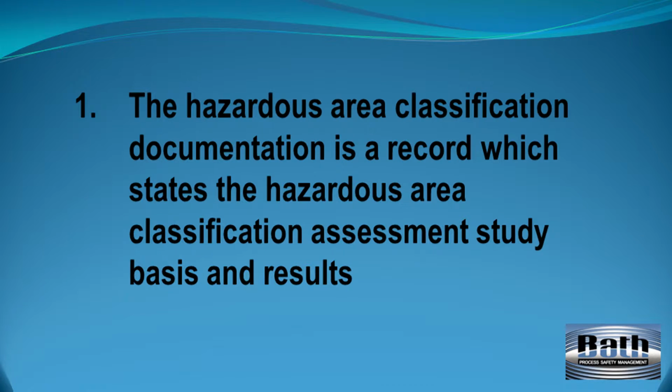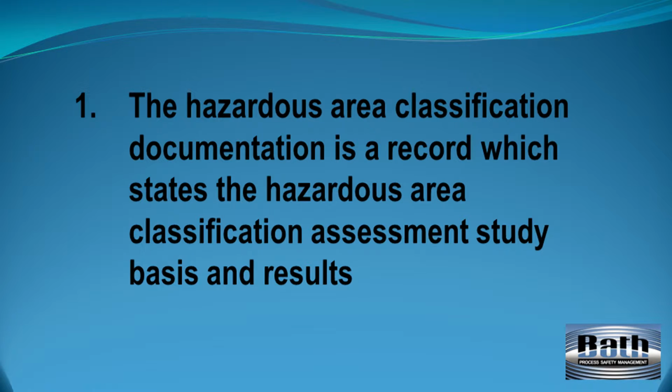Now that you know it's the law, it's helpful to have some additional information regarding the secondary drivers for hazardous area classification documentation. One, the hazardous area classification documentation is a record which states the hazardous area classification assessment study basis and results.